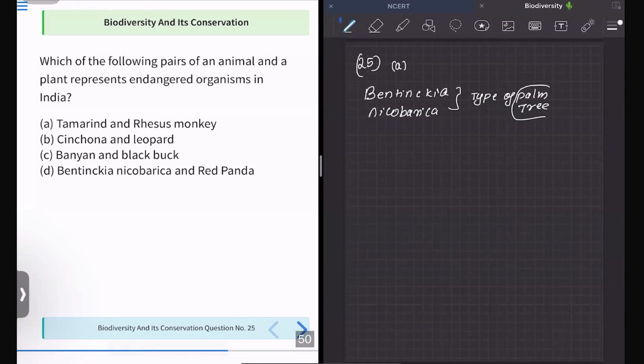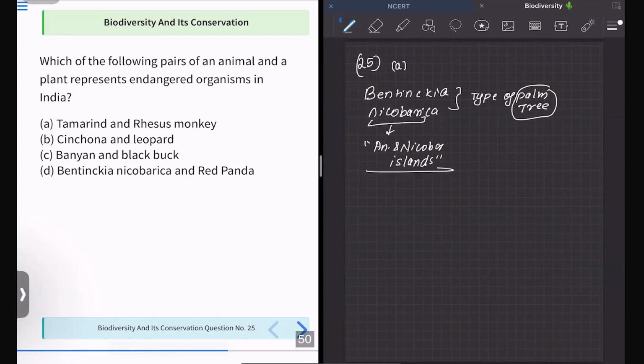I hope you have seen a palm tree. Palm trees are commonly found in areas that have beaches. If you go to places with beaches like Goa or Andaman, you see very big, tall palm trees. And one of the species is Pentonychia nicobarica. As the name suggests, it is found commonly in the Andaman and Nicobar Islands.